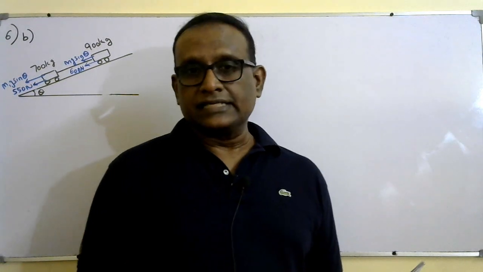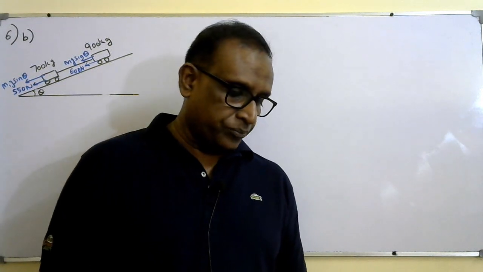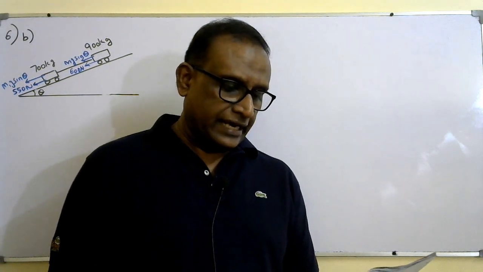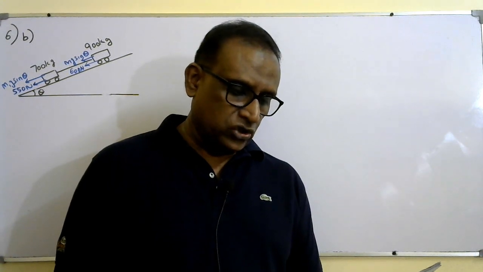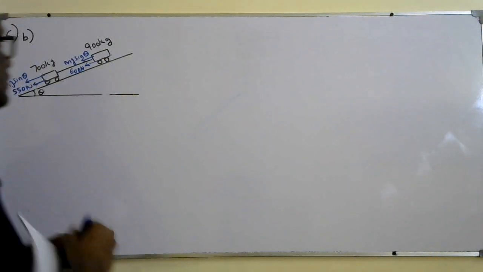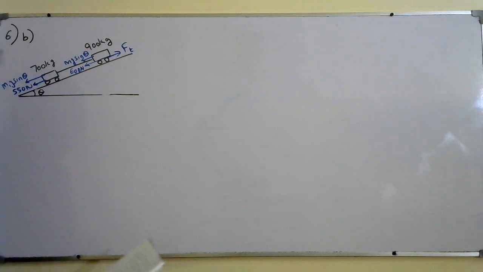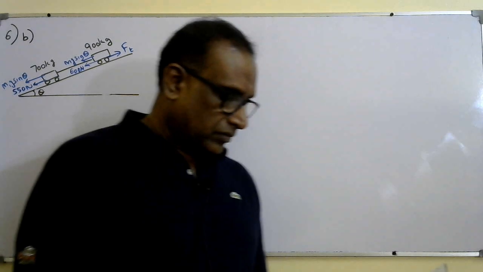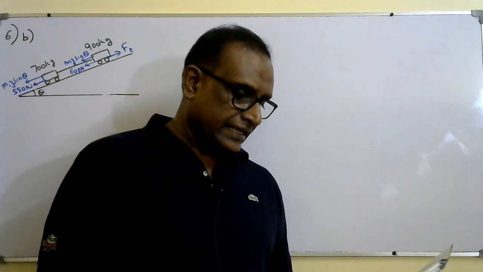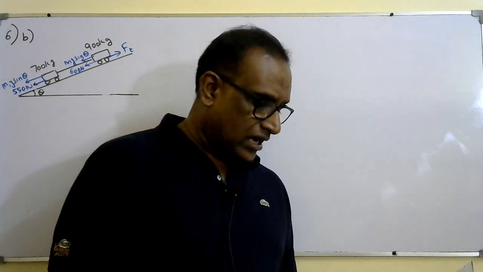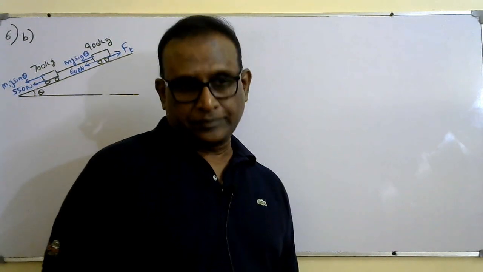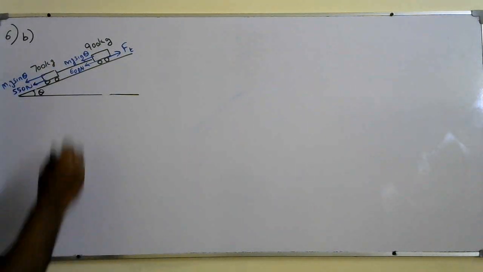Okay, so acceleration is there, but mass is 0. The engine of the van is working at a rate of 24 kilowatts. So there will be a forward thrust on the van, Ft. Find the acceleration of the van at the instant when the van and the trailer are moving with speed 8 meter per second. Okay, we need to use F equal ma.